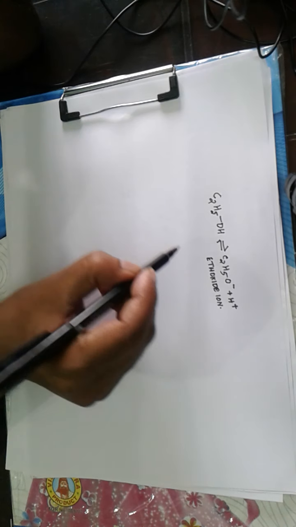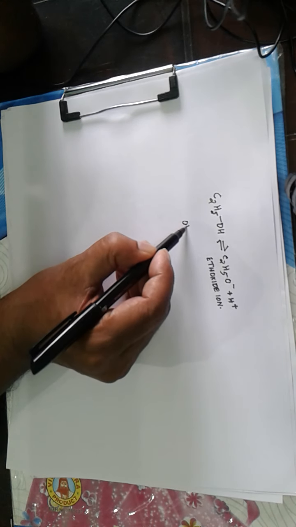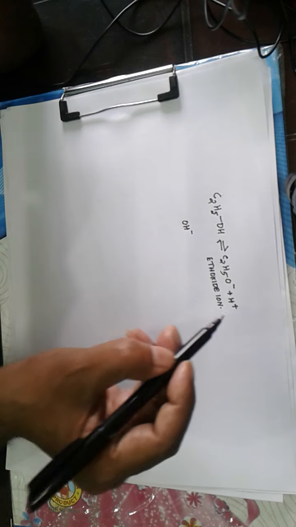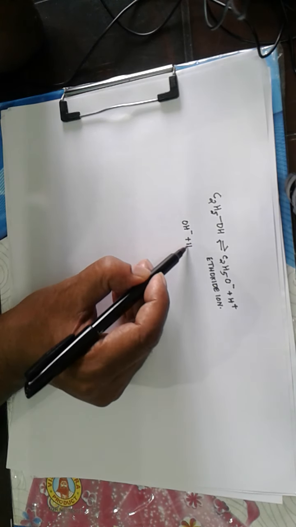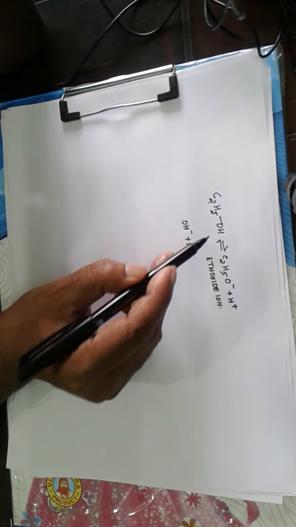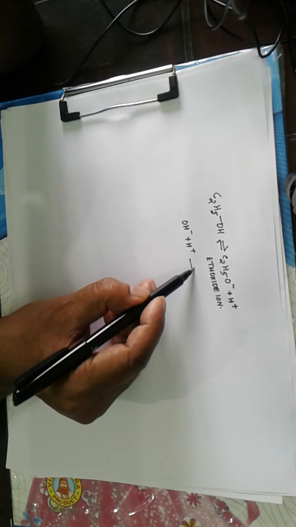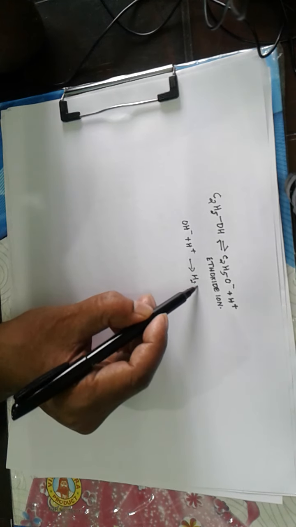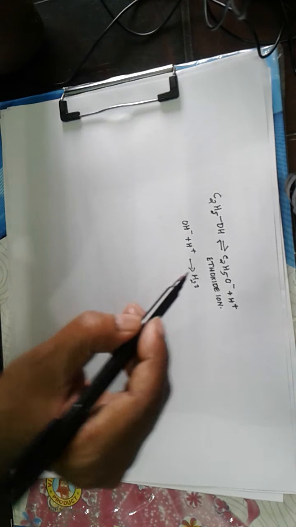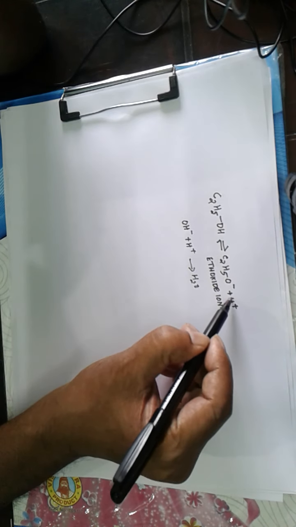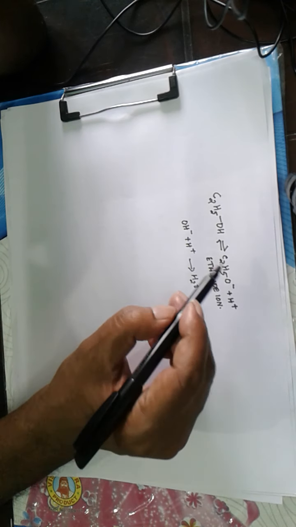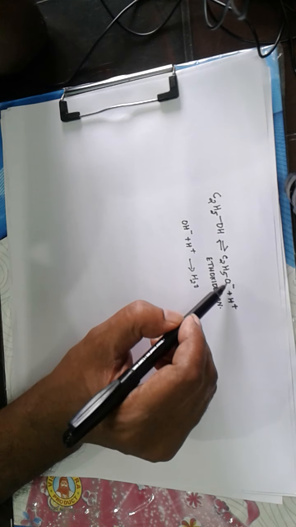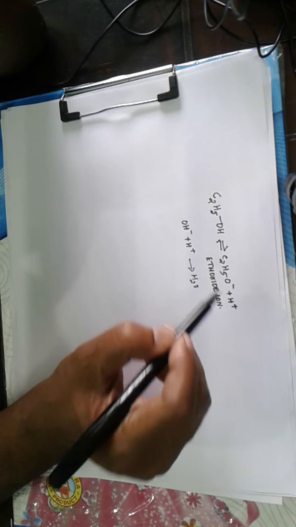Now since we are adding potassium hydroxide, the medium will contain hydroxide ion. Now hydroxide ion will combine with the H positive produced by the ionization of ethanol to produce water. So the H positive ions from the equilibrium are removed as water, so that more ethanol molecules will ionize to give ethoxide ion.